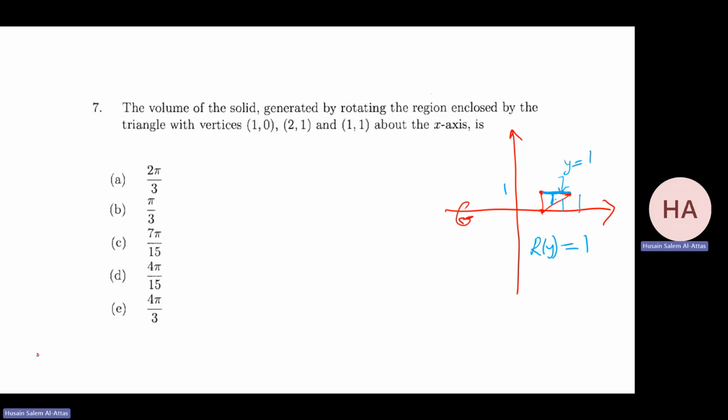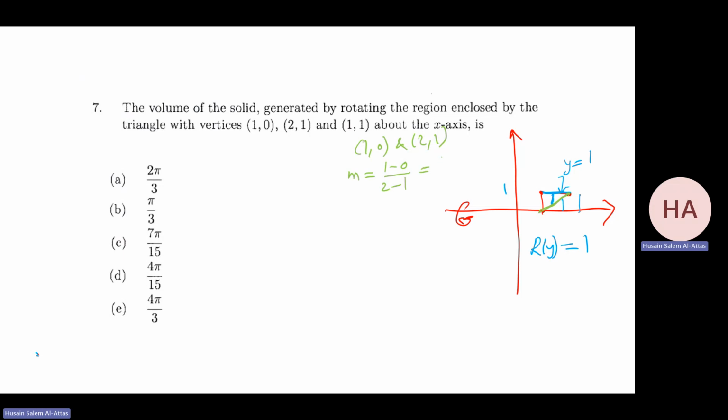Now, to find the small one, which is this line, I need to be careful. Put it in a different color. I have this one, the green one, passing through the points (1, 0) and (2, 1). So find the slope. The slope will be 1 minus 0 over 2 minus 1.